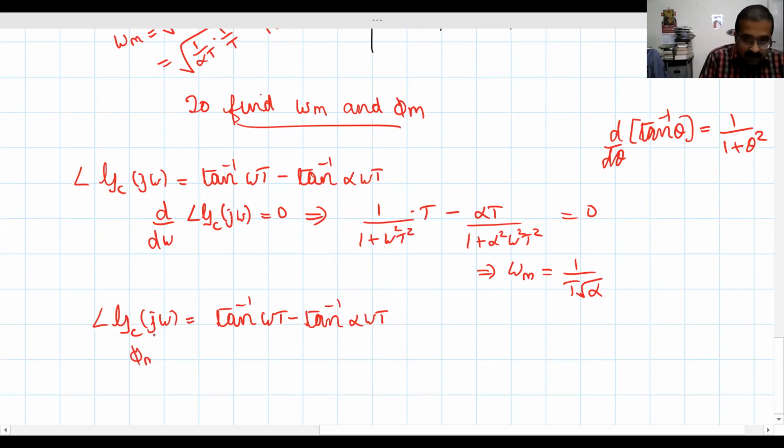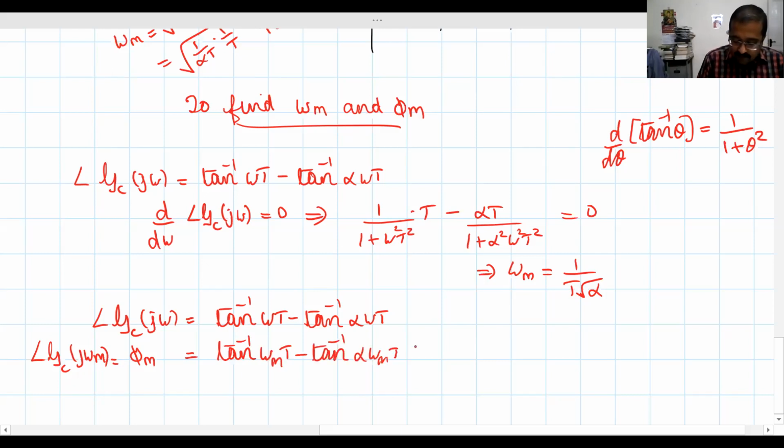Phi m means angle GC of j omega m. So we get tan inverse omega m T minus tan inverse alpha omega m T.